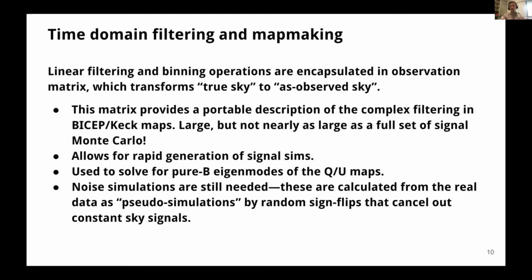following very different methods, this fully Bayesian approach to the analysis. And they're making heavy use of this matrix so that they can forward model any sort of signals and figure out how they would show up in the BICEP maps.